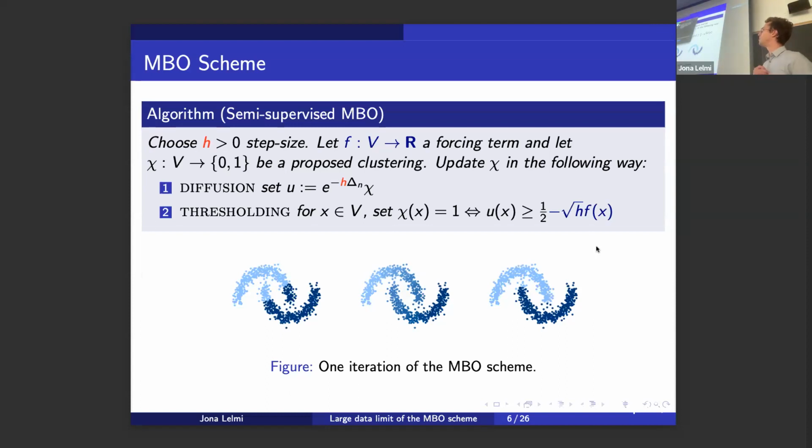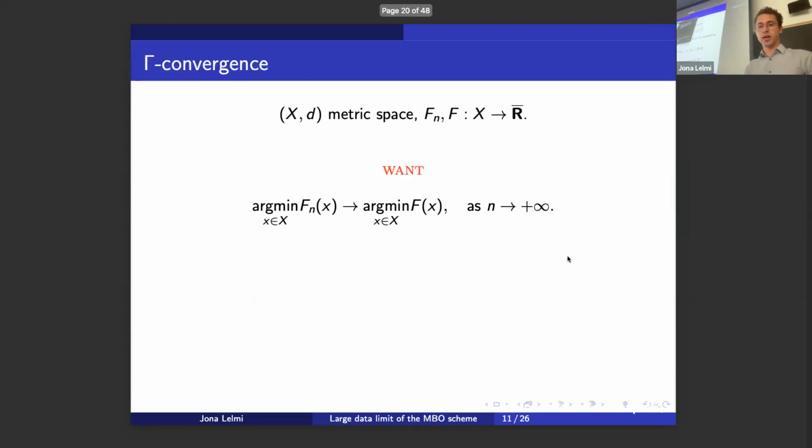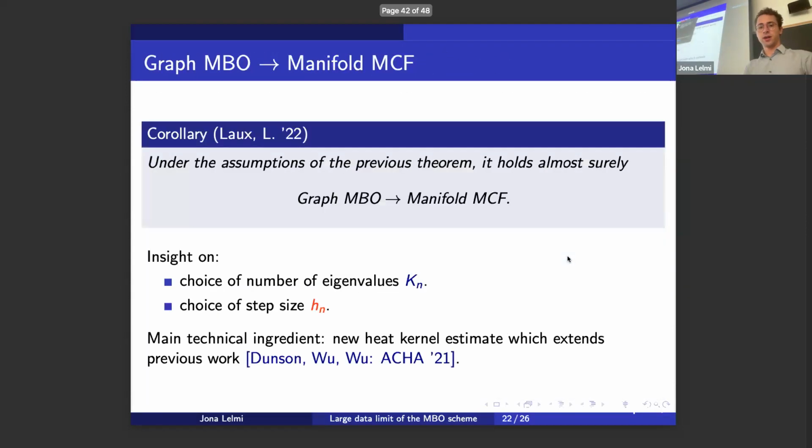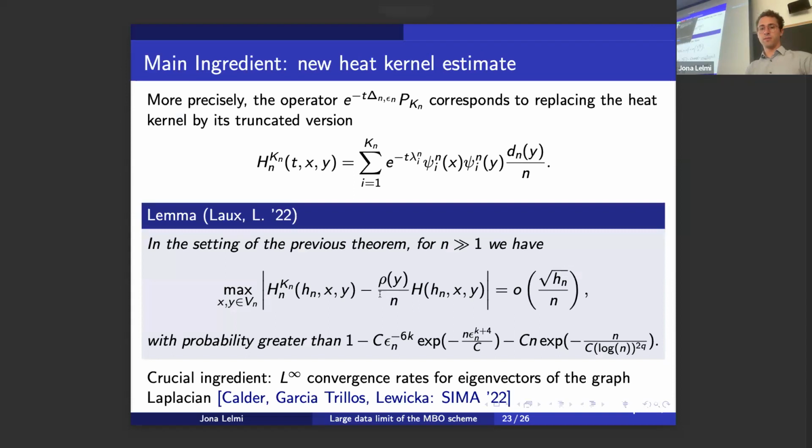The problem is that in the first result, you would like to apply the graph heat kernel to functions which do not come from the restriction of a smooth function on the manifold.